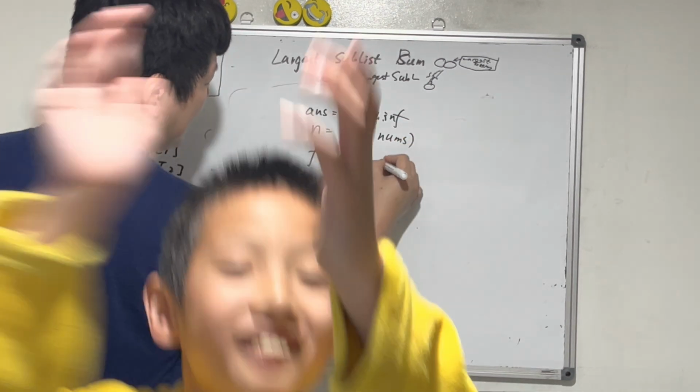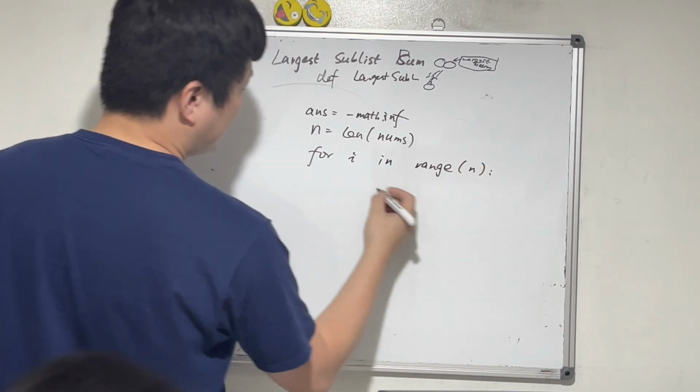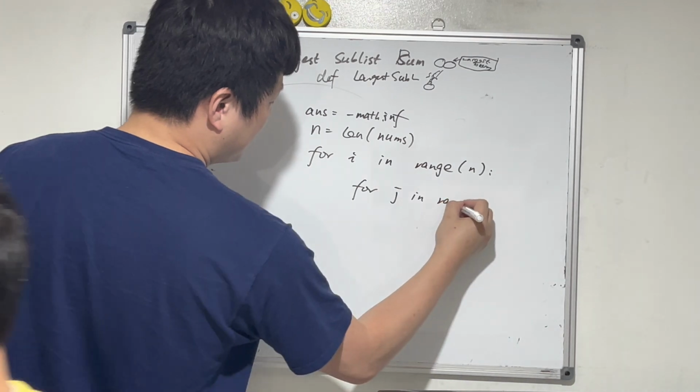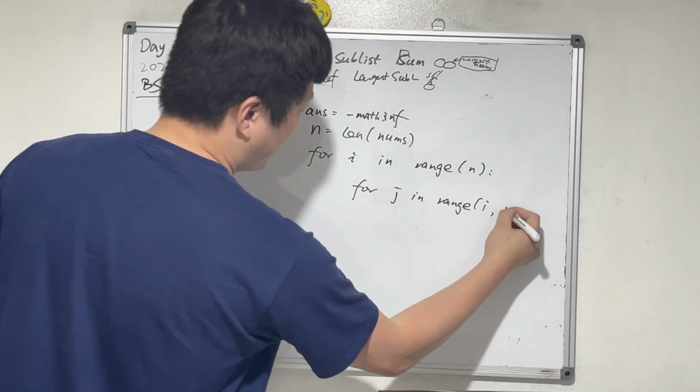For i in range n, for j in range starting from i. i is the left boundary, j is the right boundary.